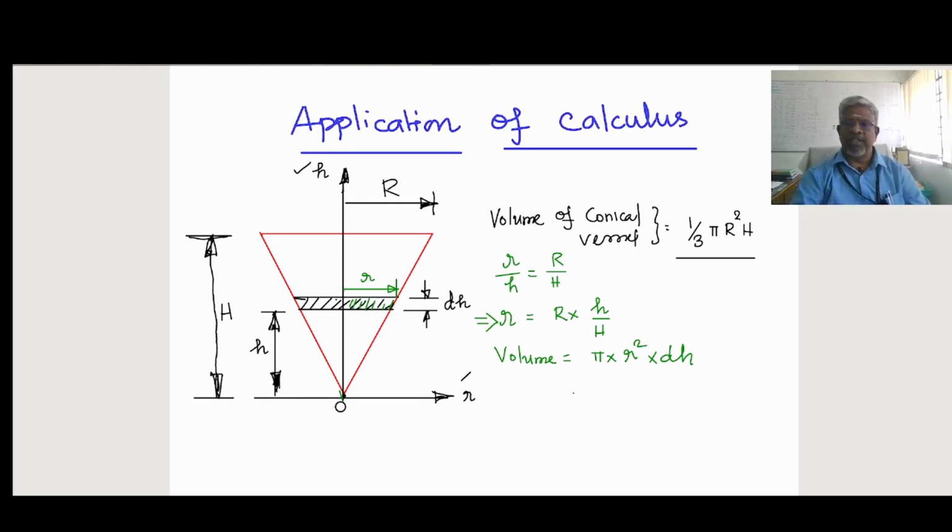Now we replace r with the formula: pi into R square h square by H square into dh. This is the small volume dV. This is a very important formula.